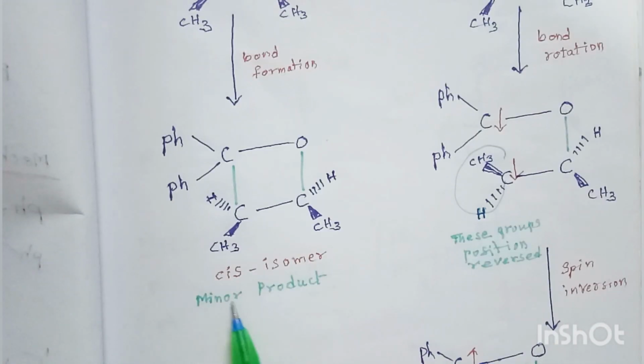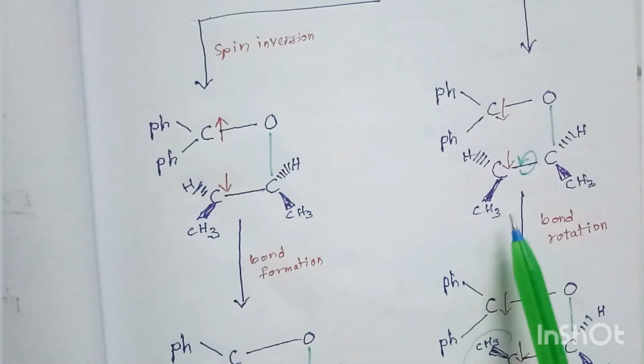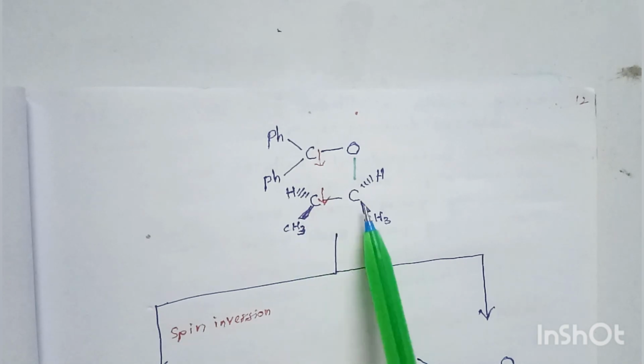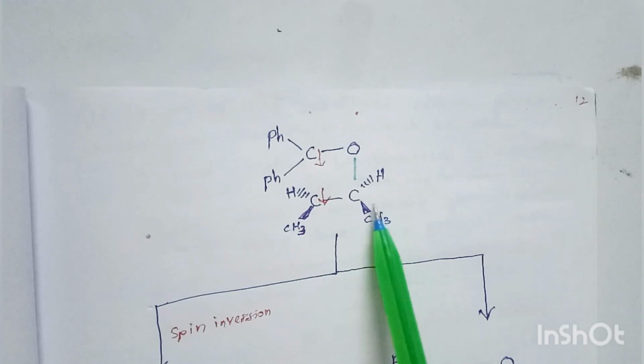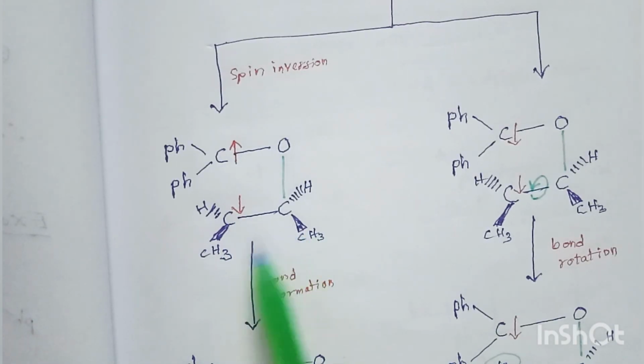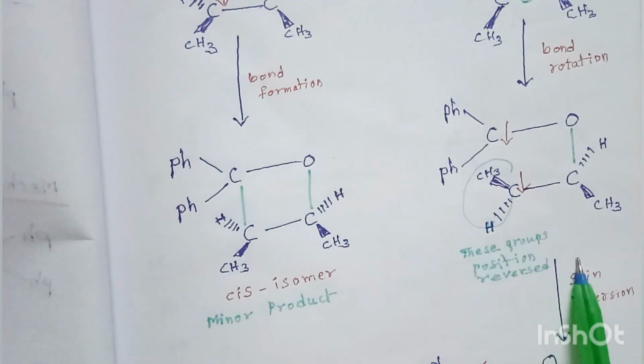Here the cis isomer is formed. Why? Because in the beginning the CH3 groups were on the same side, same plane, and here also on the same side, same plane. So this is the cis isomer, the minor product.